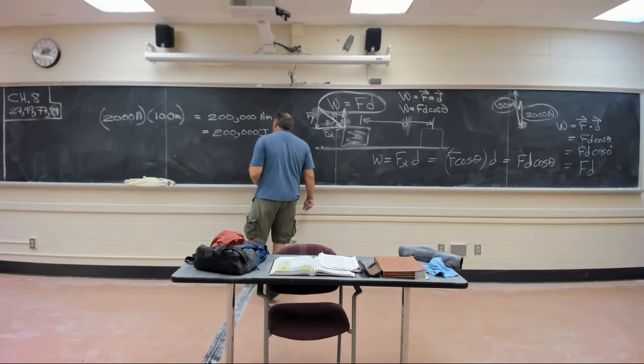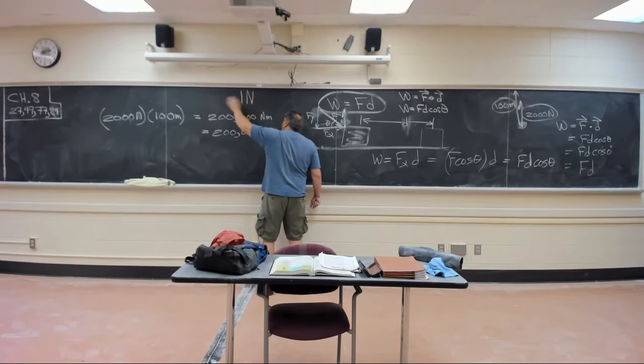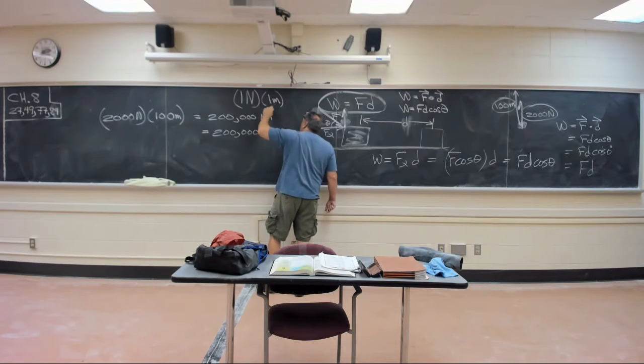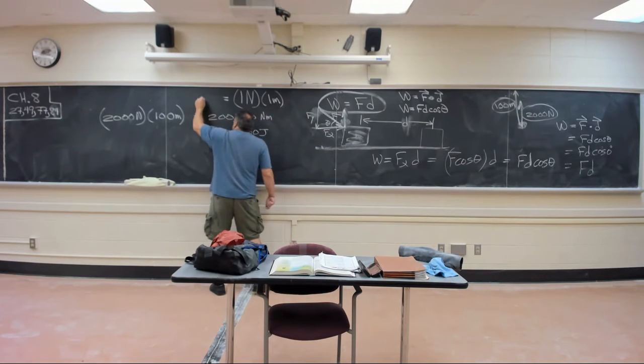They call those joules. If you exert 1 newton of force through a distance, and these are parallel to one another, if the displacement and the force are parallel to one another, 1 Newton of force exerted over 1 meter is called 1 joule of work.